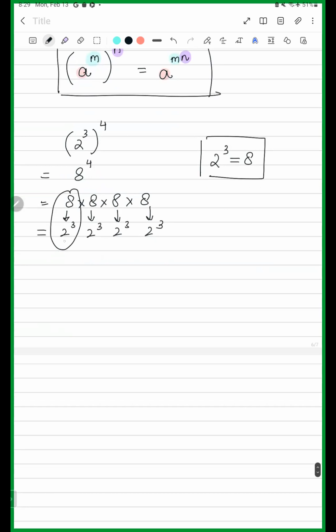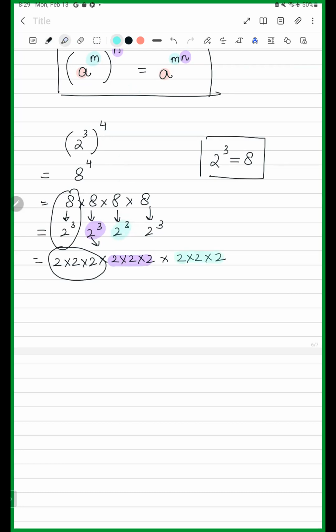So अब ये वाला जो 2 to the power 3 है, इसको we are going to write it as 2 into 2 into 2. ठीक? Then the second one, 2 into 2 into 2. ठीक है? Next, अब third वाले को देखो, 2 into 2 into 2.